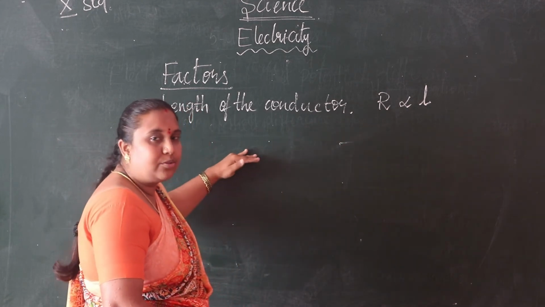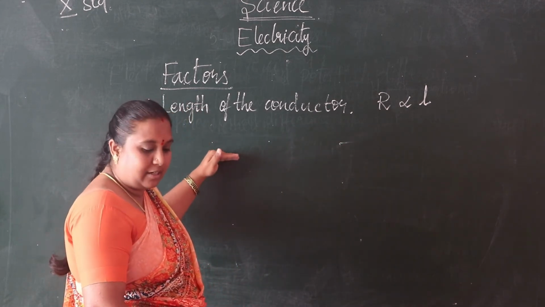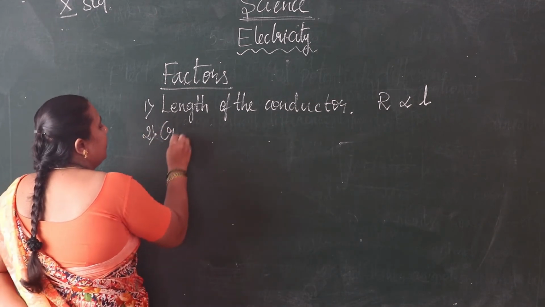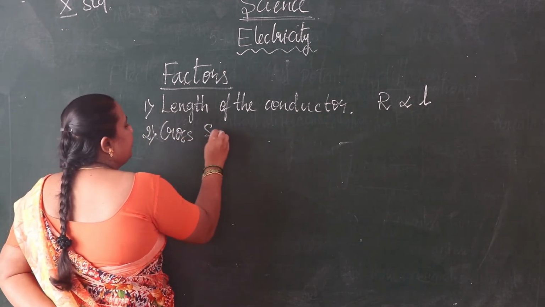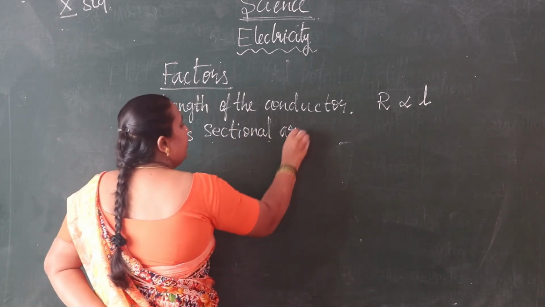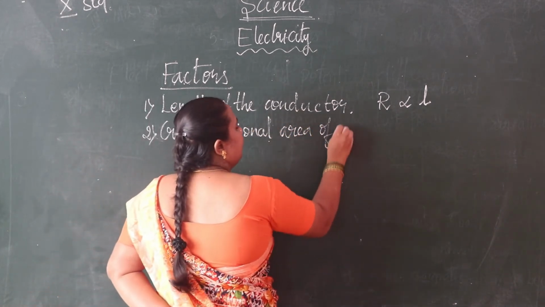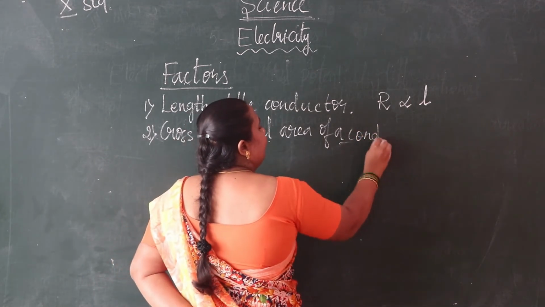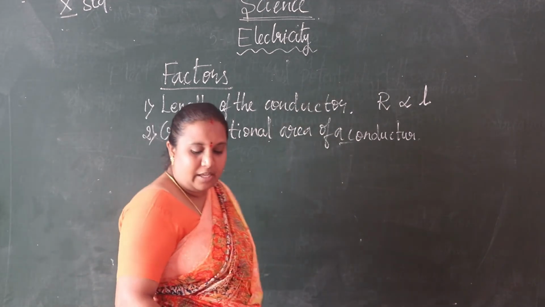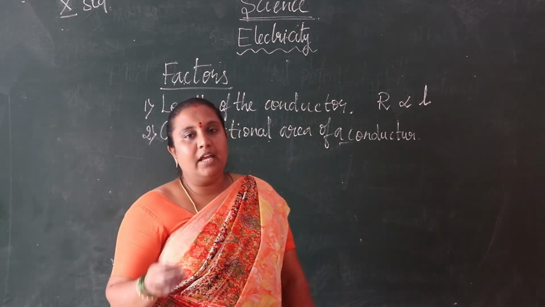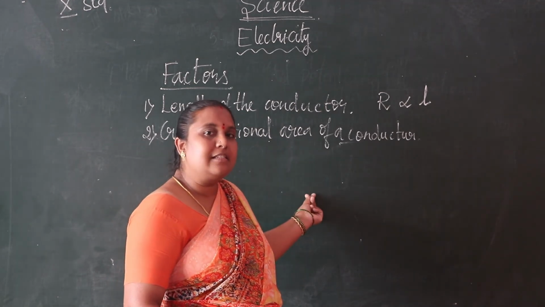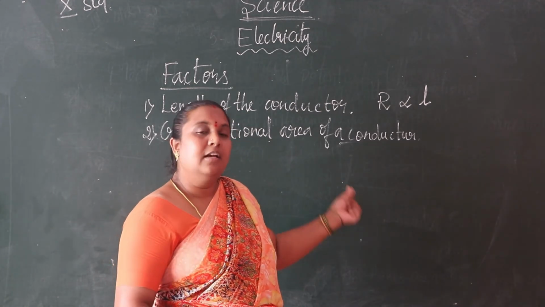Then we move on to another factor, that is the cross-sectional area of a conductor. So here, resistance increases when area decreases.